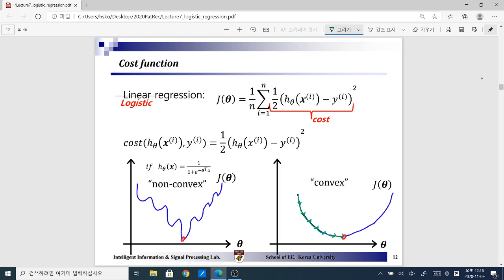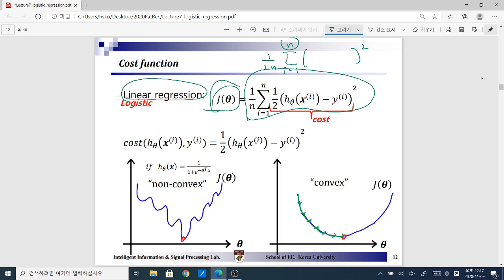So in this case, what we need is some sort of a cost function. And remember, in the linear regression model, we used a J of theta, where the J of theta essentially was this, right? If you can recall, it was 1 over 2n, the sum from i equals 1 to n, where n represents the number of samples, and you have the square of the differences between the prediction by the hypothesis and that of the labels.